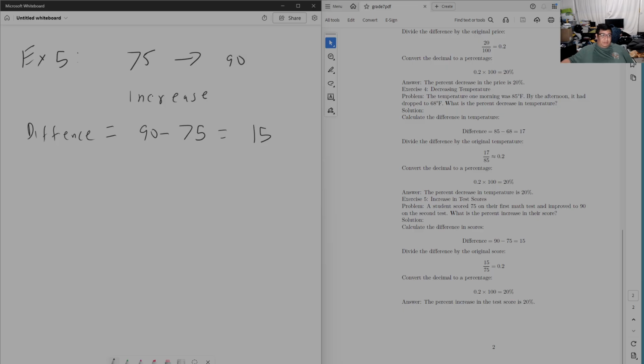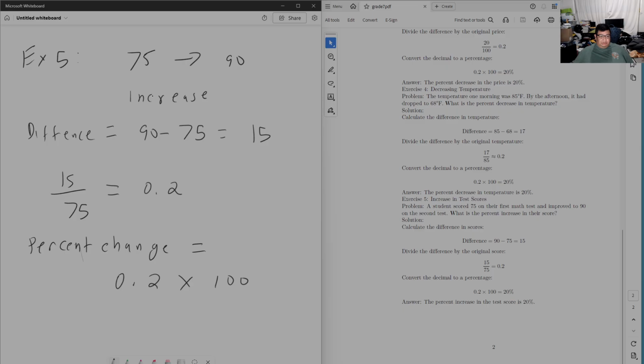Now we divide 15 by the original test score, which is 75. When you do that on the calculator, that's going to give you 0.2. Now we calculate the percent change. Percent change is going to be equal to 0.2 times 100.